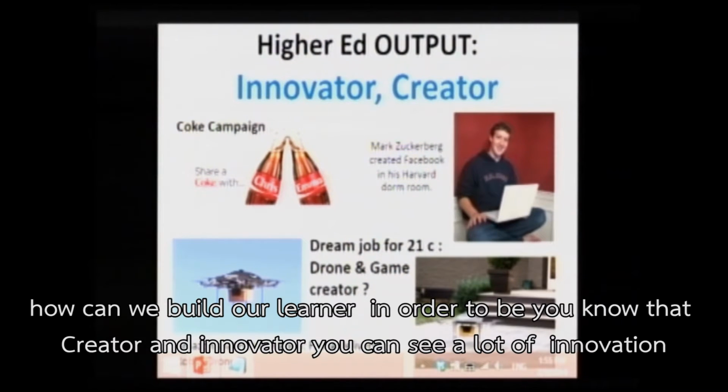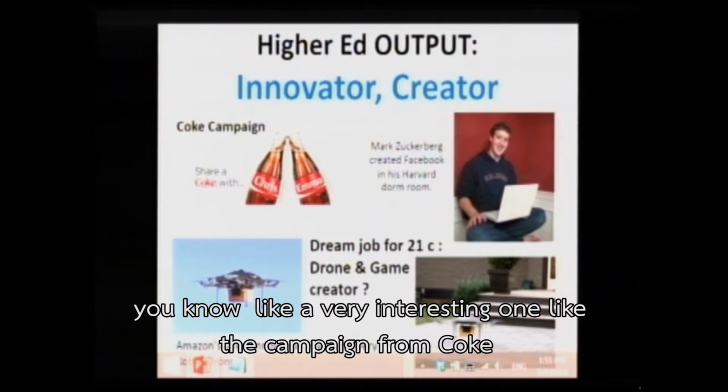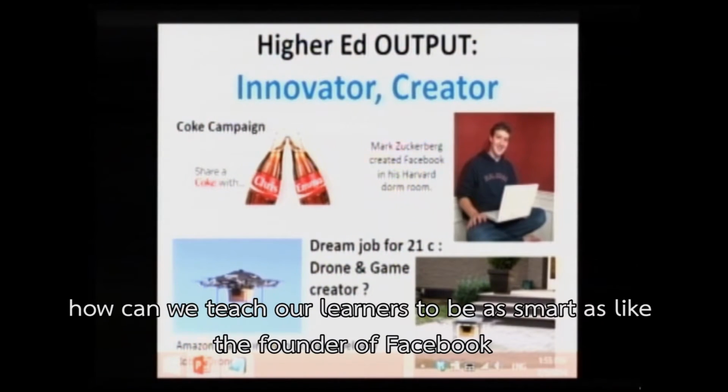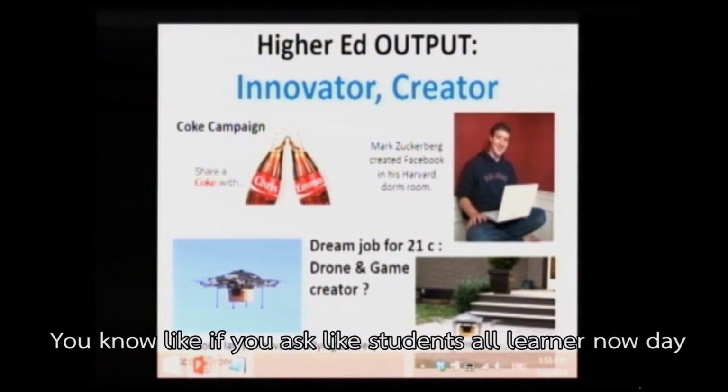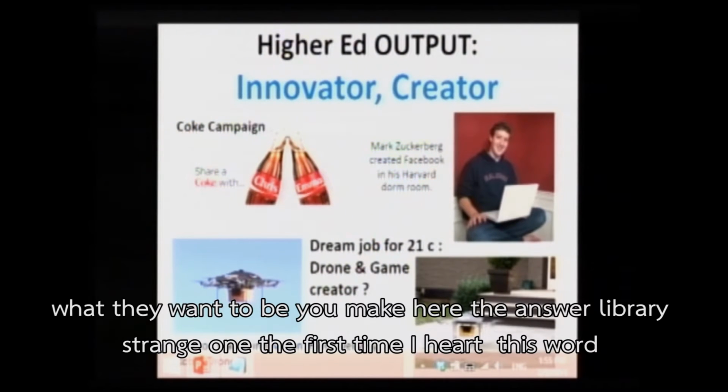You can see a lot of innovation, like a very interesting one, like the campaign from Coke. How can we teach our learners to be as smart as the founder of Facebook? If you ask students or learners nowadays what they want to be, you may hear a very strange answer.